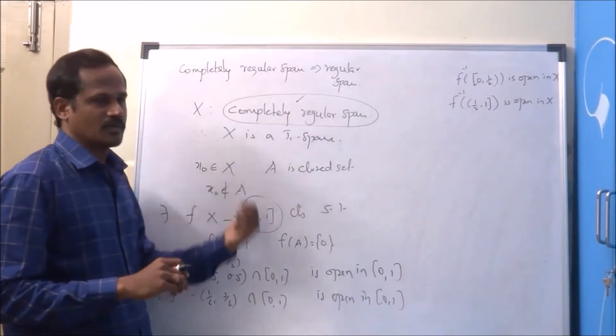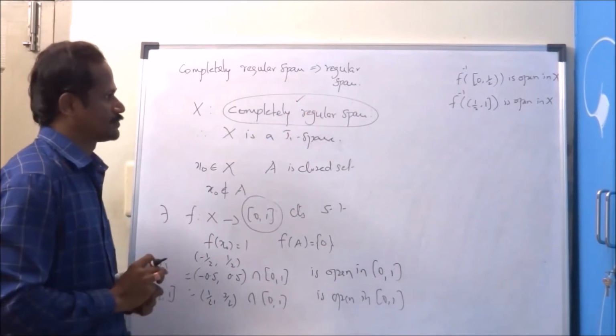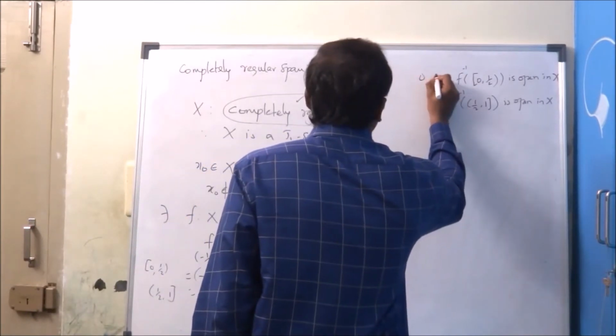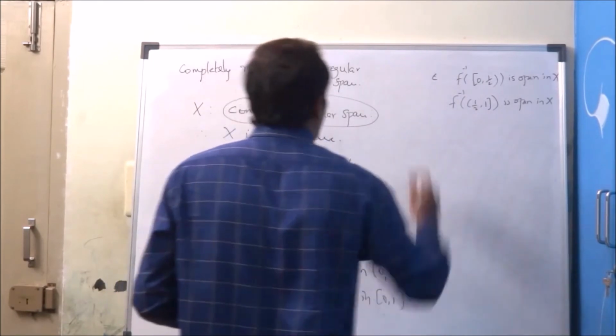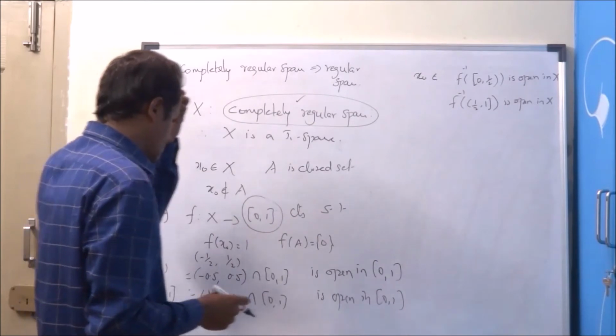It is obvious that x naught belongs to this set, because your f of x naught. Oh no, I'm sorry.